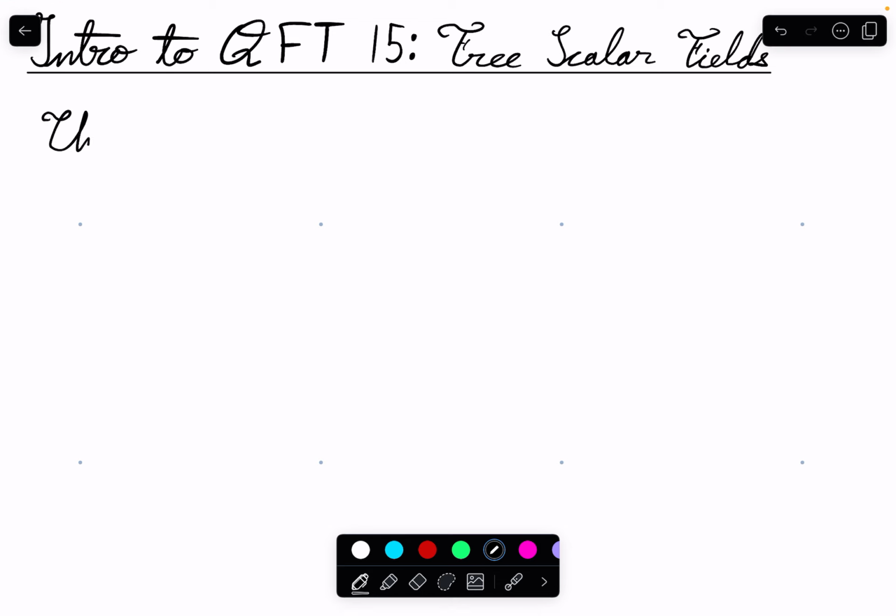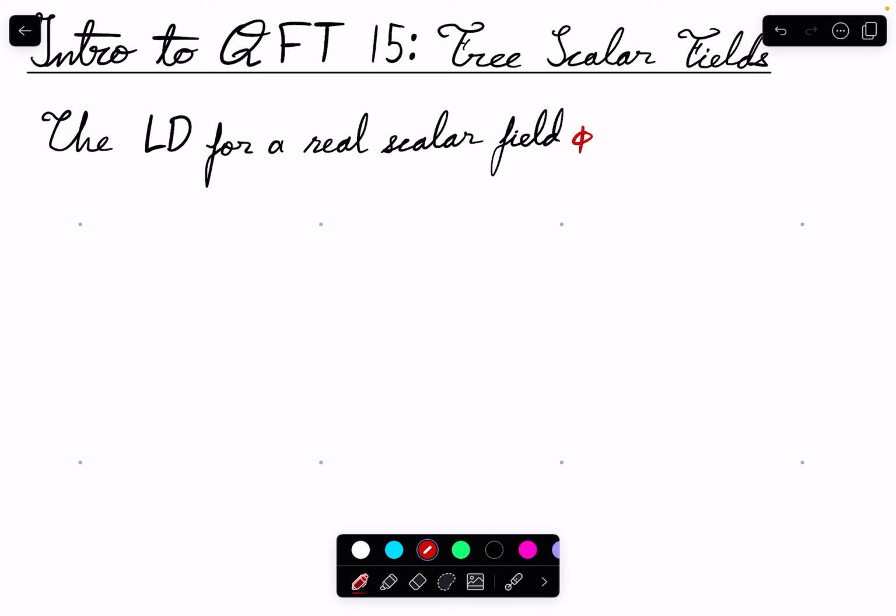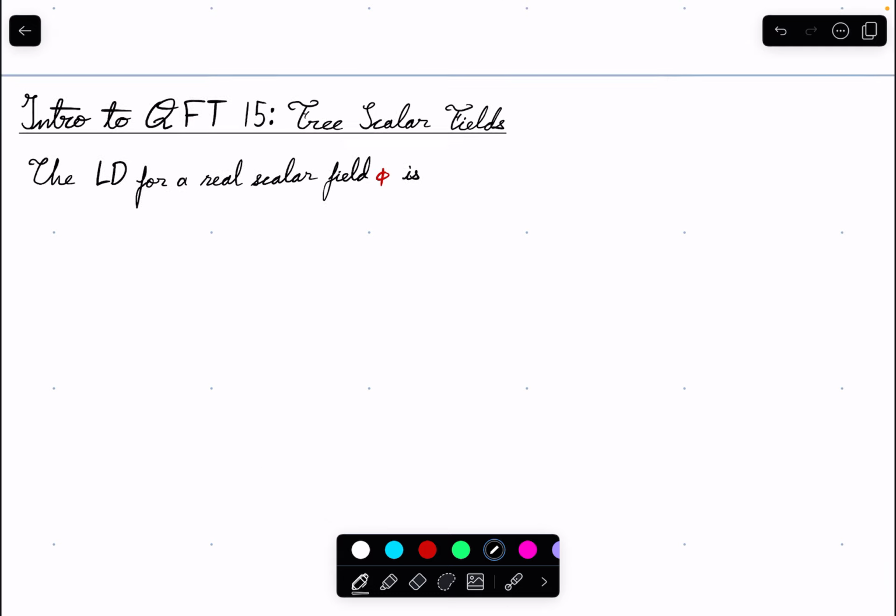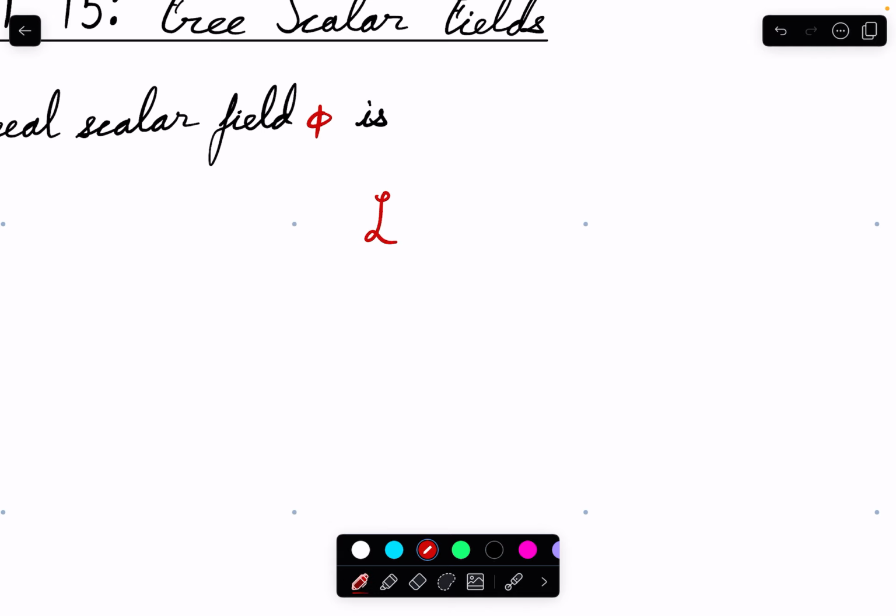So the Lagrangian density for a real scalar field phi is, if this curly L, 1/2 partial mu phi superscript partial mu phi and then minus m squared phi squared.